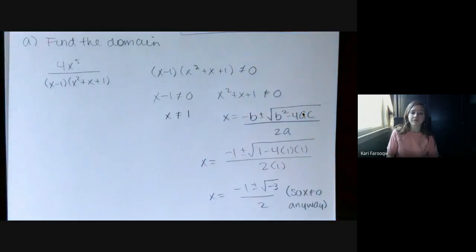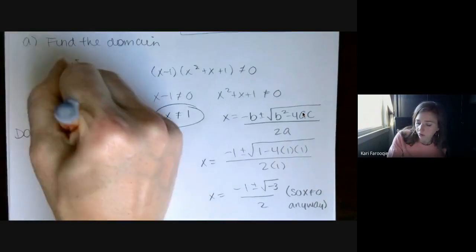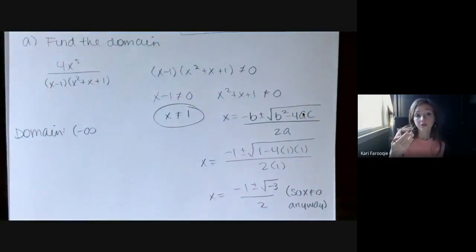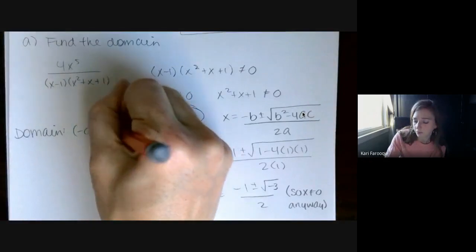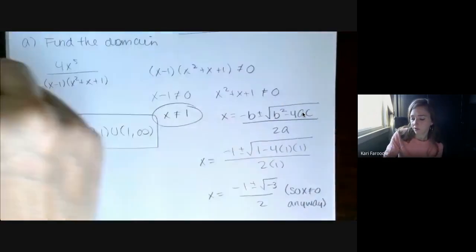All right, so you would just have this guy to focus on, and we would say that the domain would include any values from negative infinity up to 1, and then from 1 to infinity. So that answers part A.